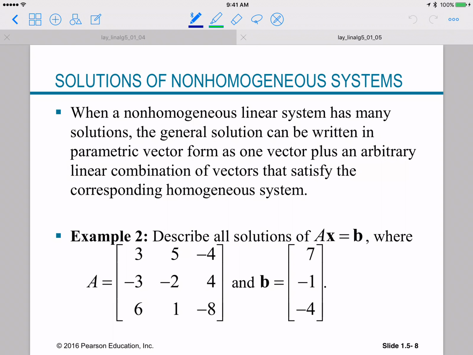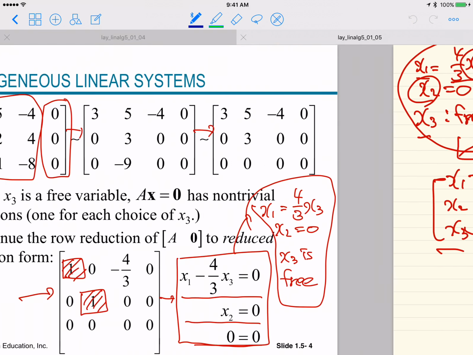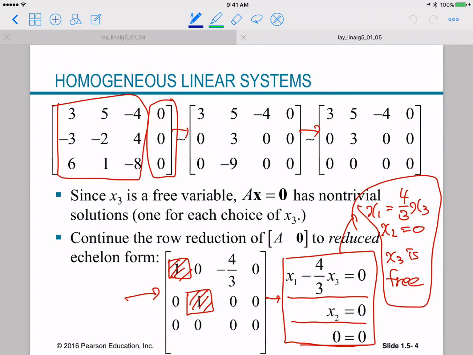Okay, now it's time to think about the original equation, not the homogeneous equation. What is the relationship between the solution sets of these two different versions, the original one and the homogeneous one? In example 1 that we solved here, we have this coefficient matrix, but we considered all zeros on the right side, which is a homogeneous equation.